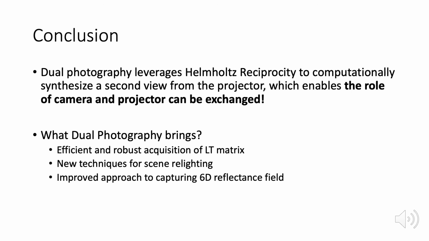What does this paper bring to us? First, it spends a really long time on efficient and robust acquisition of the light transport matrix. Then, it introduced some new techniques for scene relighting. Then, the most impressive one is the new technique to capture the 6D reflection field.